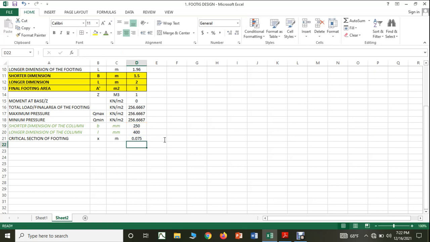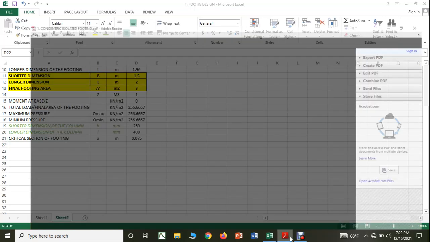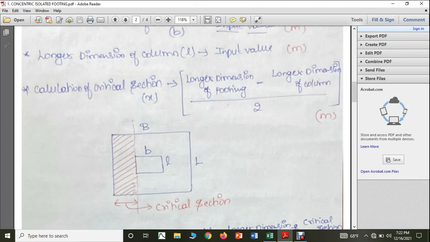That will give you my critical section of the footing in meters, right? So when I do longer dimension of the footing, which is in mm, minus longer dimension of the column.